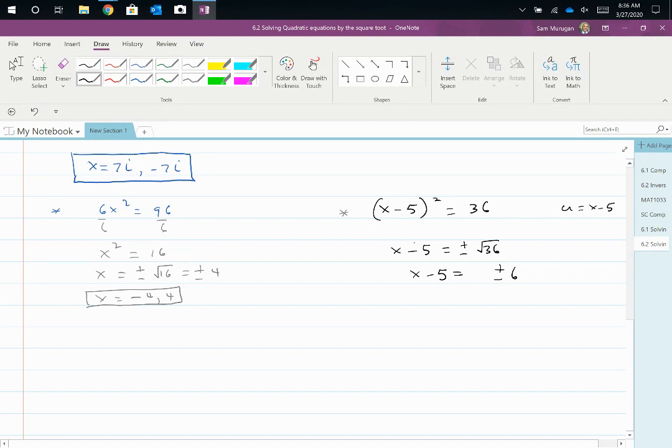And then you want to go ahead and add 5 to both sides. So that gives x is equal to 5 plus or minus 6. So we've got two solutions. x is equal to 5 plus 6, which is 11. And x is equal to 5 minus 6, which is negative 1.